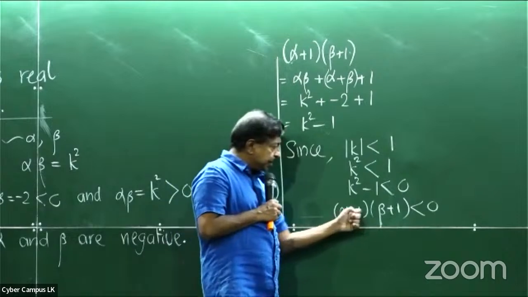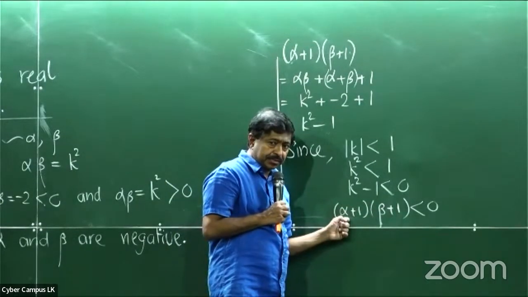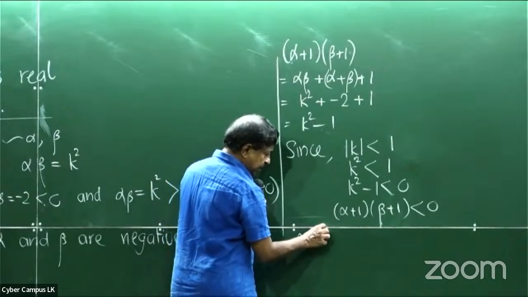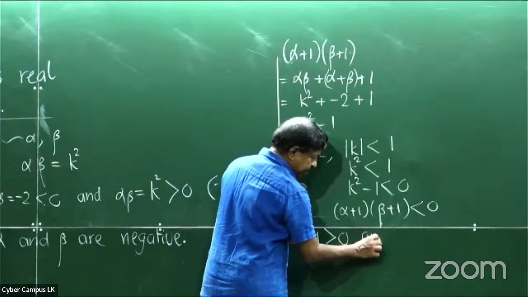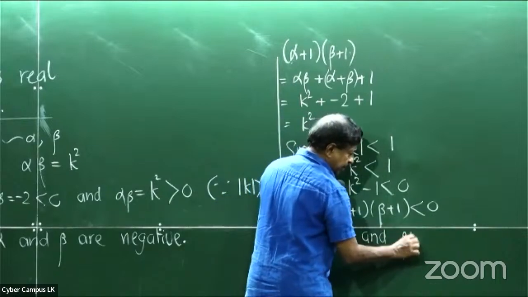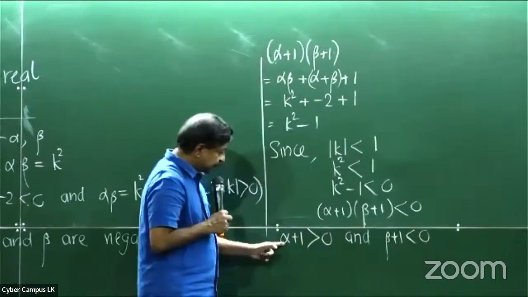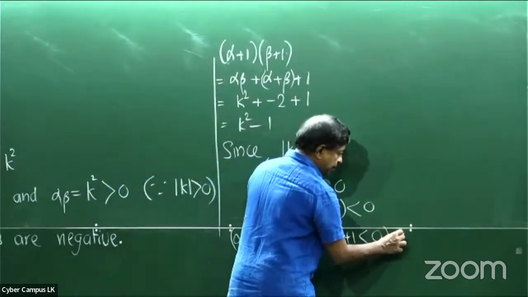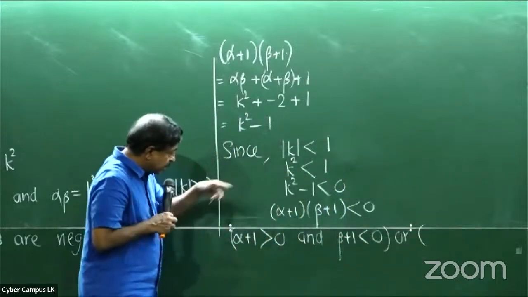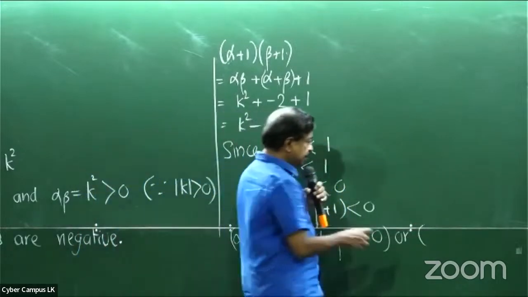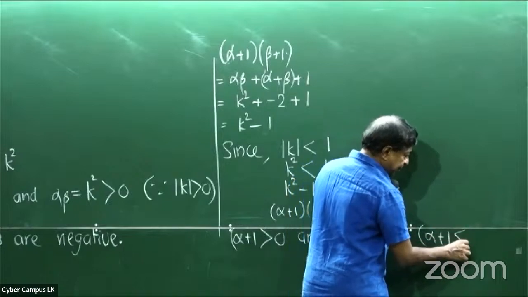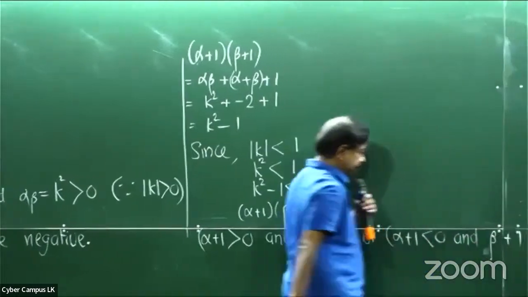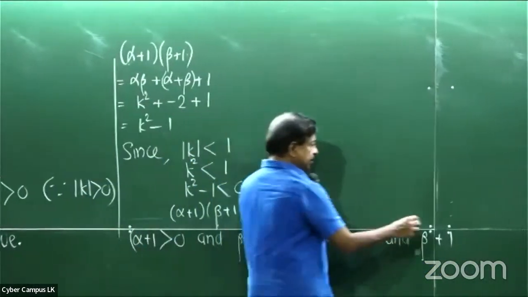That means they need to have opposite signs. So there are two cases. Either alpha plus 1 is greater than 0 and beta plus 1 is less than 0, one is positive, the other one is negative. Or the other possibility is that this is negative and this is positive: alpha plus 1 is less than 0 and beta plus 1 is greater than 0.